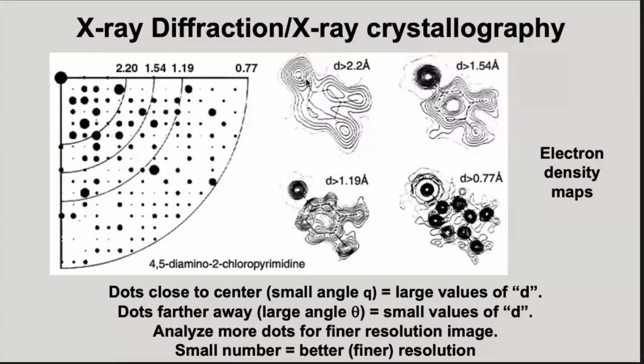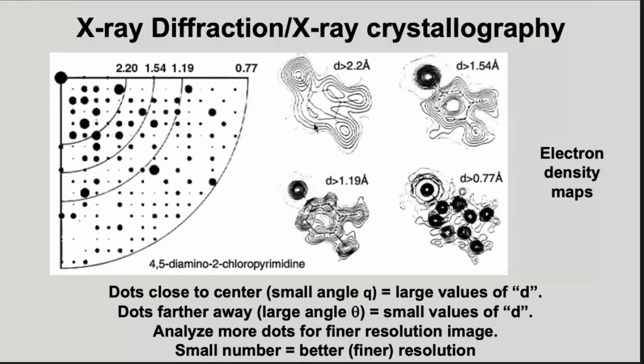So if you find lots of lines, that indicates a cluster of electrons, which tells you there's an atom there. This first picture is an electron density map drawn by only analyzing the dots closest to the center, which correspond to large values of D. So it says up here, D is greater than 2.2 angstroms. We're getting a very crude picture that there's a molecule here, but we don't see a lot of detail.